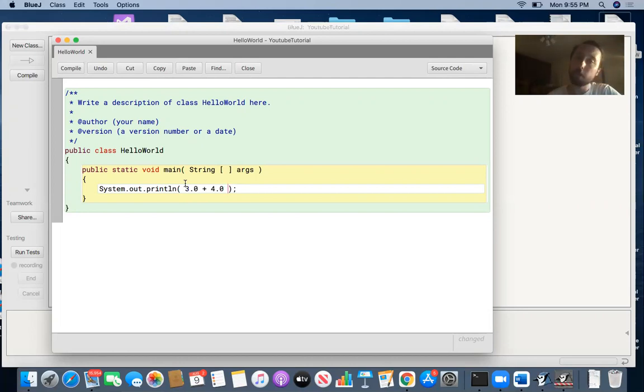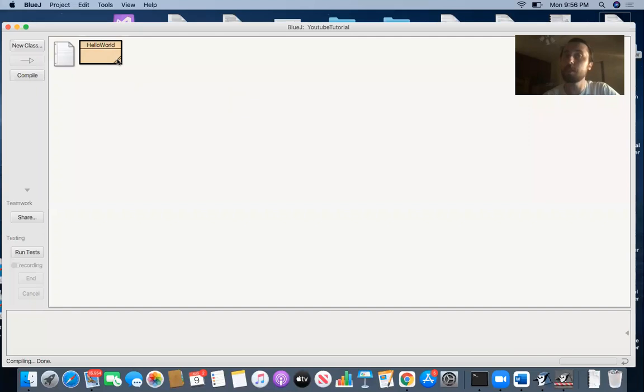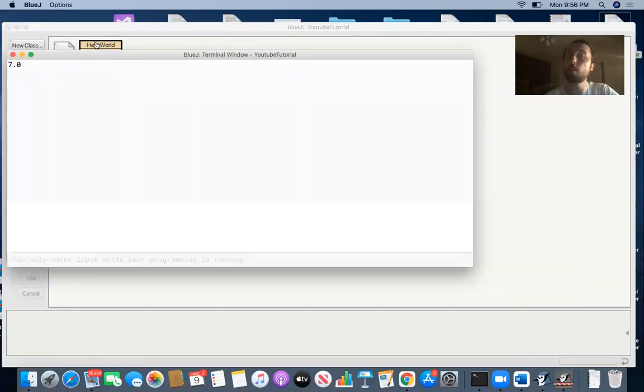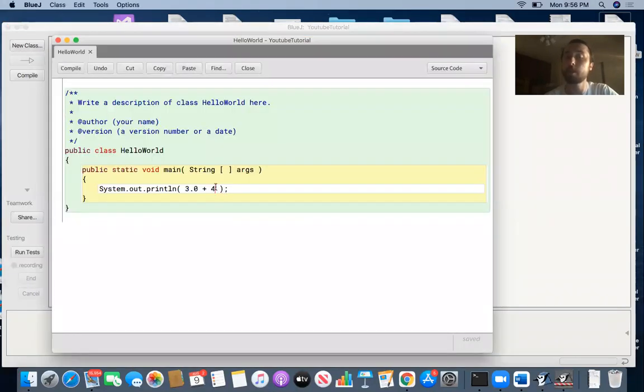So if you have an arithmetic expression with a floating point number, a decimal number in it, the result you're going to get is going to be treated as a decimal. Okay, so even if you just said 3.0 plus 4, this wouldn't just be 7, it would be 7.0 because you're talking about a decimal number. This 4 automatically gets converted to a decimal.